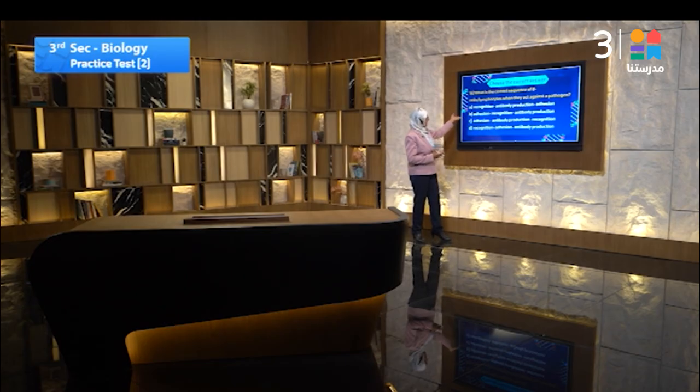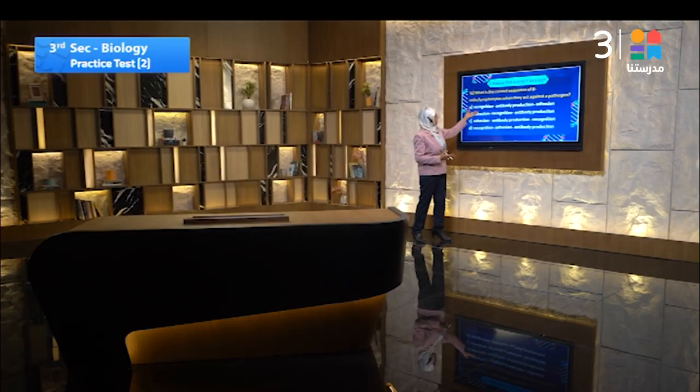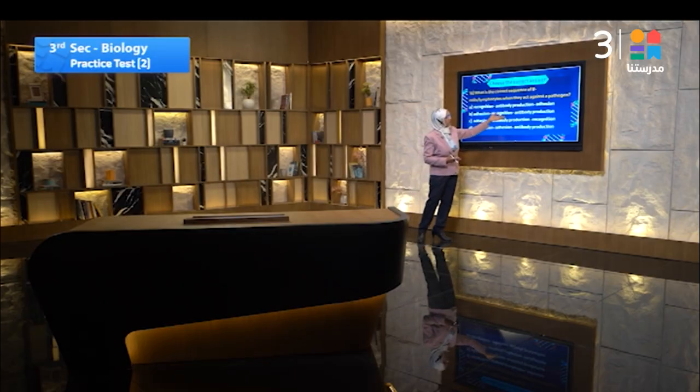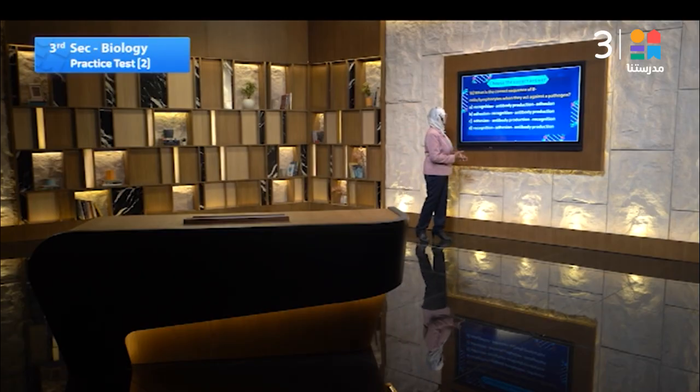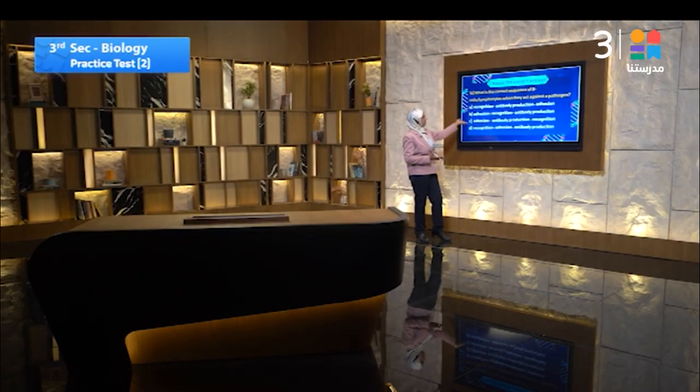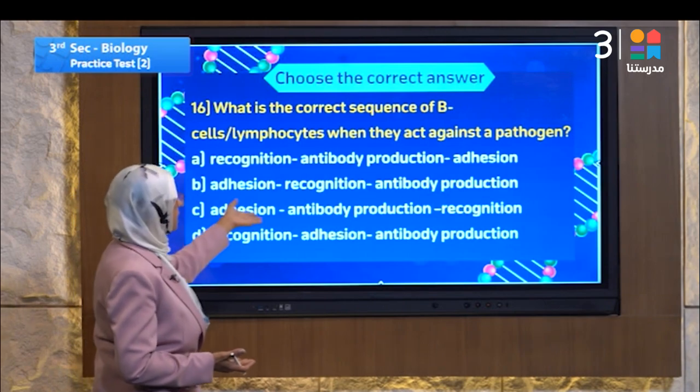Number A, recognition. Yes, recognition. It will recognize the pathogen. Antibody production. No, it's not the second step. Adhesion. No, adhesion will come before antibody production. Number B, adhesion, recognition.